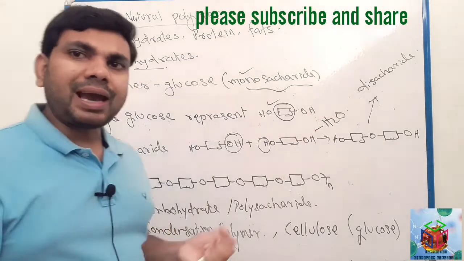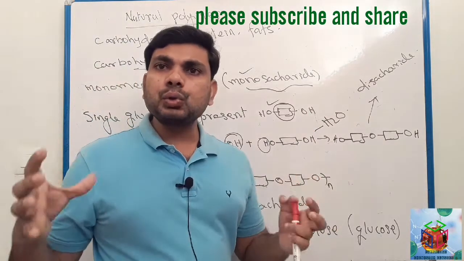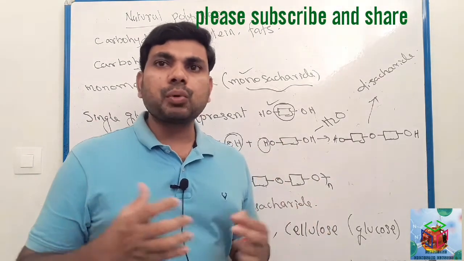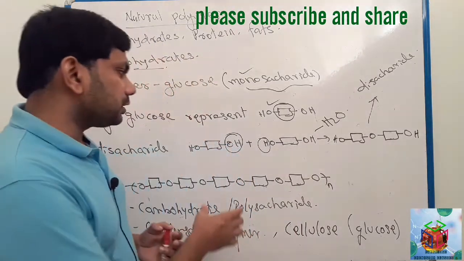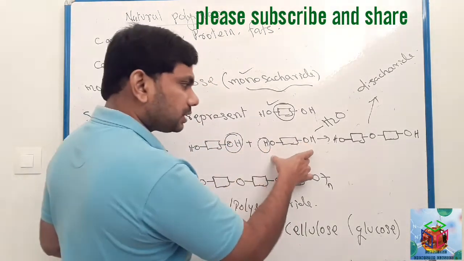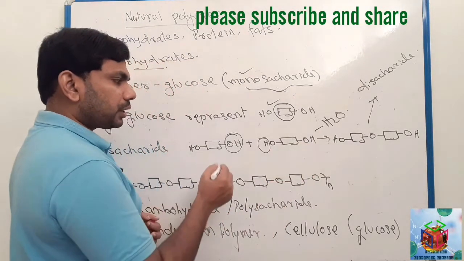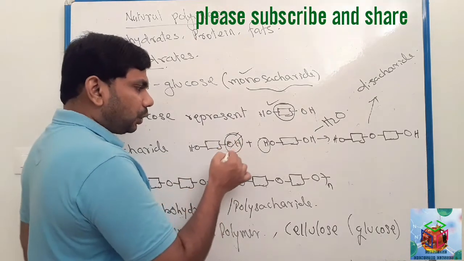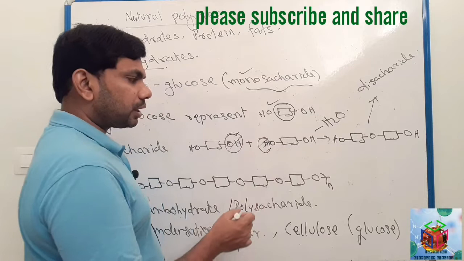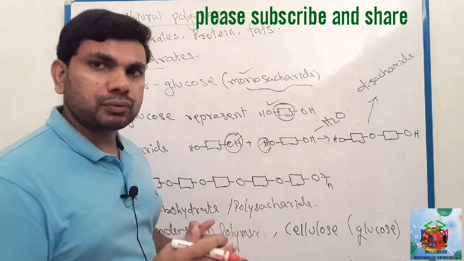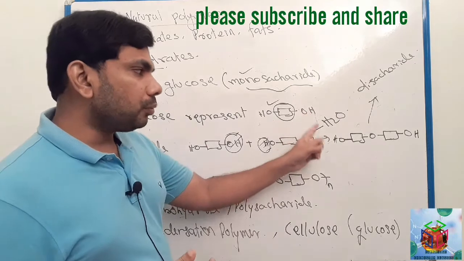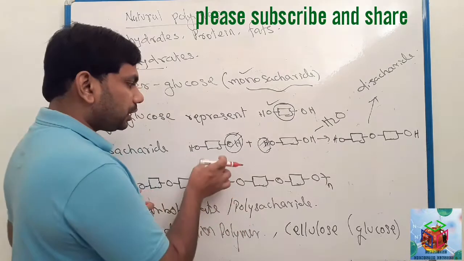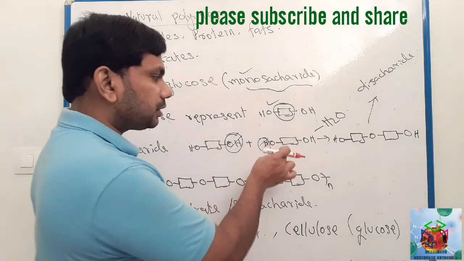Next we have to discuss how two glucose molecules react together. This is one glucose molecule and this is another. When two glucose molecules react, one OH and one hydrogen combine to form a water molecule, which is eliminated, and the rest of the parts are joined through this oxygen.